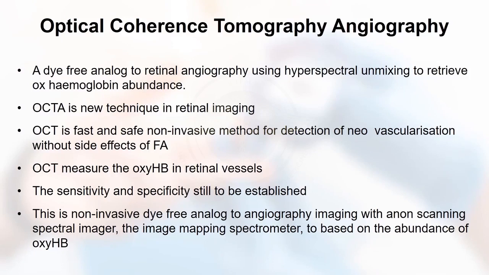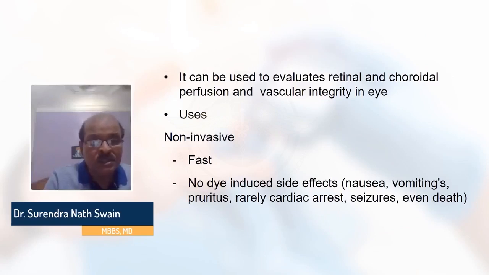It is a non-invasive, dye-free analog to angiography, imaging with a scanning spectral imager, the image mapping spectrometer, to test the abundance of oxyhemoglobin. It can be used to evaluate retinal and choroidal perfusion. This oxyhemoglobin will give an idea of the vascular integrity in the eye, because neovascularization or aneurysm, etc., can be seen.